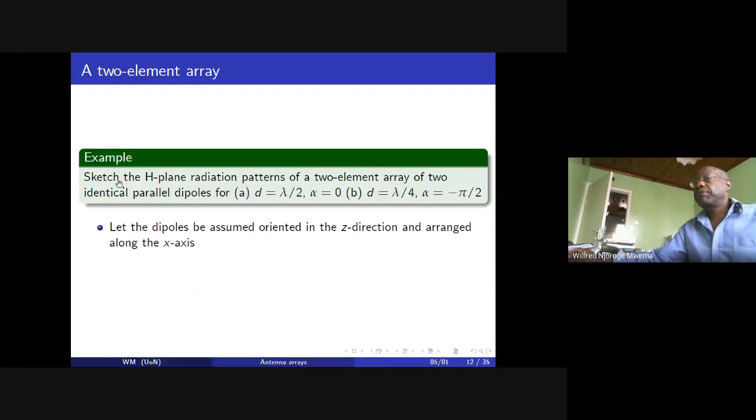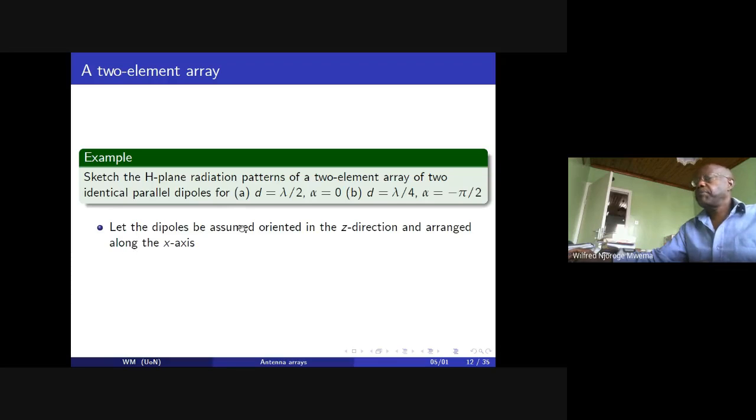So, as an example, you are required to sketch the H-plane radiation patterns of a 2-element array of 2 identical parallel dipoles for d equal to lambda by 2 and alpha equal to 0, that is, they are being fed by co-phase, in-phase currents, and d equal to lambda by 4 with a delay of minus 90 degrees.